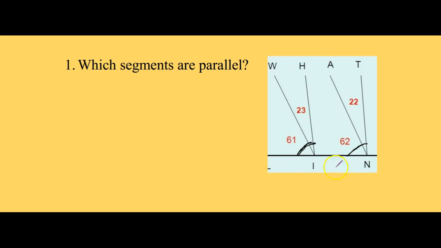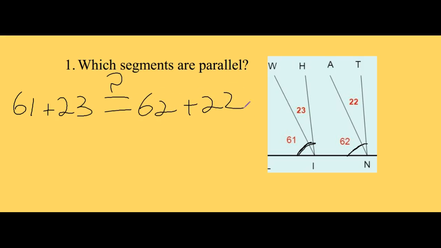So we're going to check for line H. We do 61 plus 23. Does it equal, we have to put a question mark, does it equal 62 plus 22? Okay, 61 plus 23 is 84, and these two is 84 also.